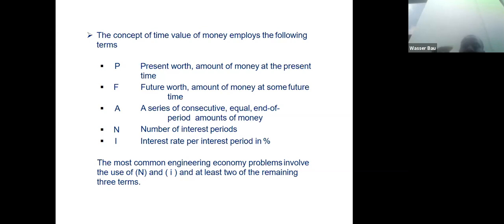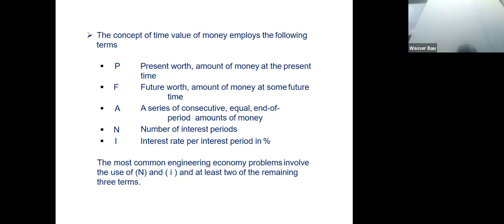So the F is a lump sum in the future. The P is a lump sum in the present. The worth of the P is the worth of the investment now, today. The F is the worth of the investment in the future.